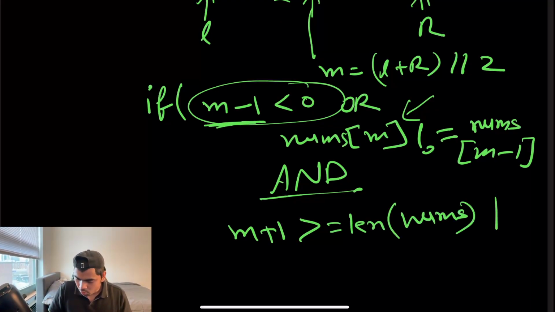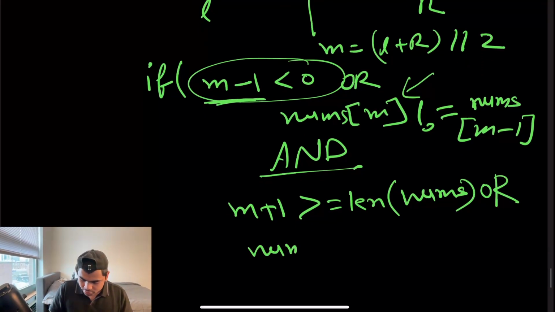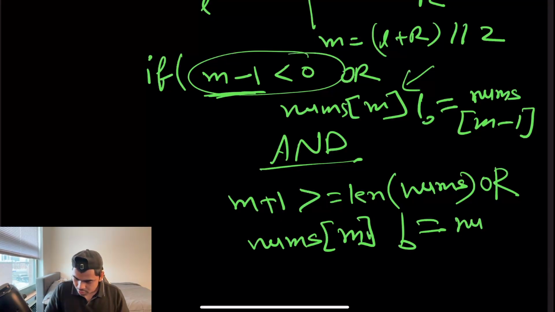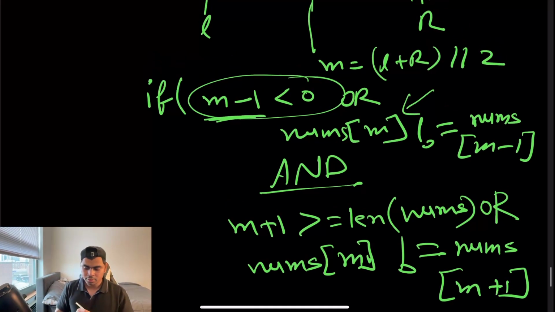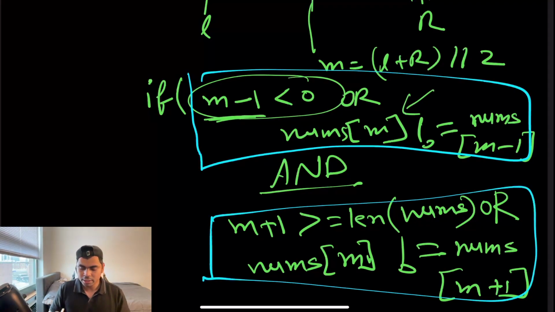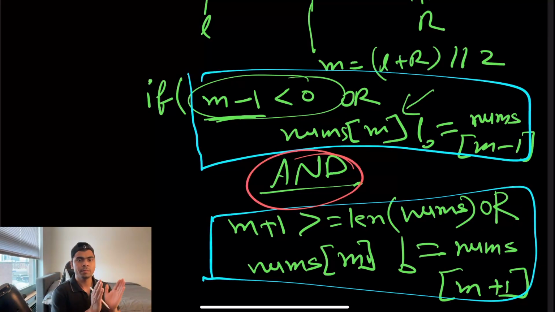This is one, or nums at mid is not equal to nums at m plus 1, right? So here we have basically these two conditions. This is 1, this is 2, checking for each side. If both are true, joined by and, then we return that element.